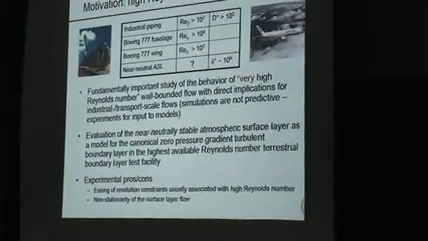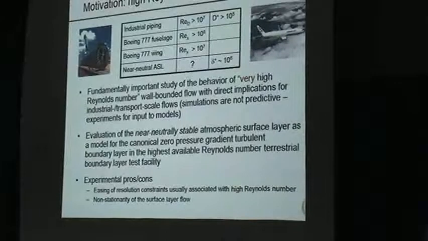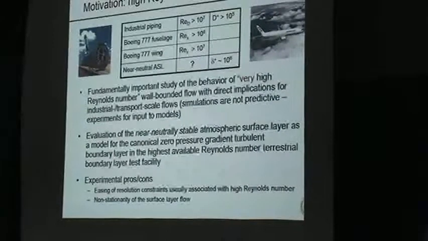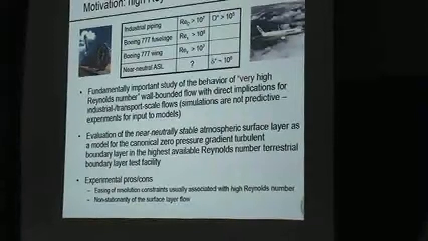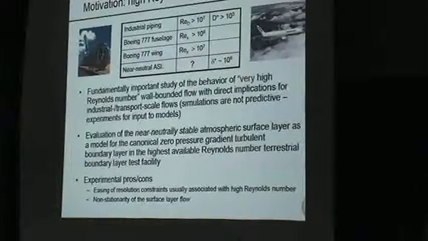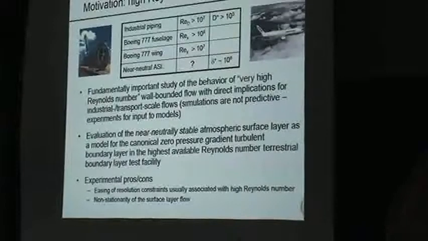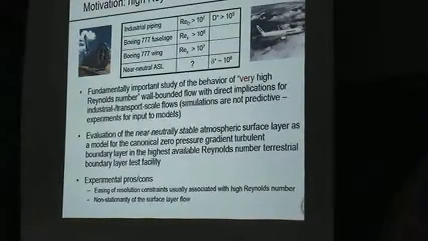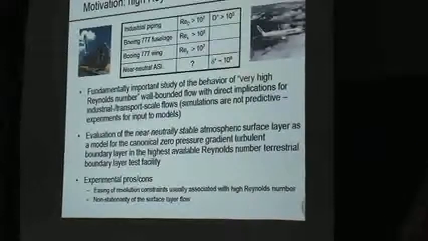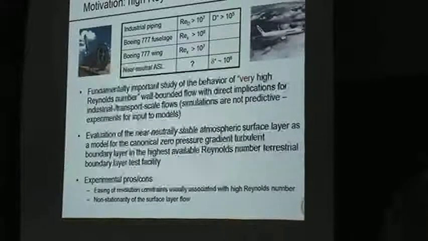Question: what does near neutrally stable mean? We're going to come to that, but I mentioned at the beginning that there's a thermal condition in the surface layer. The surface layer during the day has very different conditions than during the night. It's basically a balance between mechanical forces and buoyancy. We'll come directly to that, and I'll show you what the planetary boundary layer looks like during day and night.